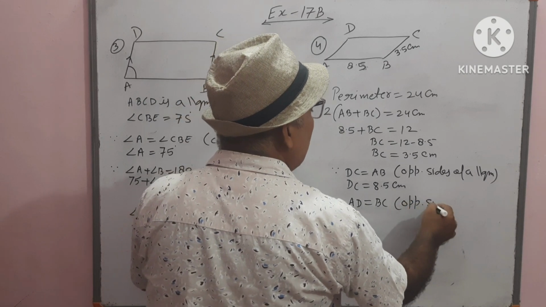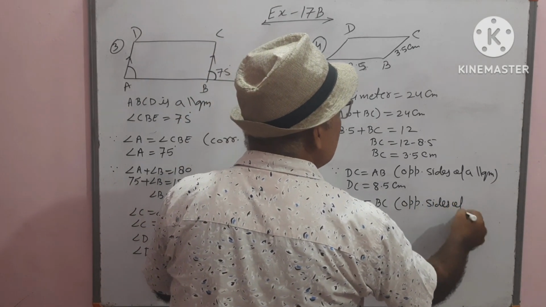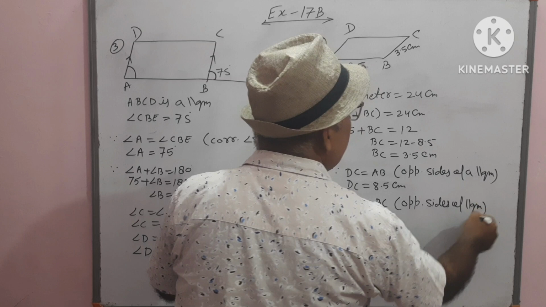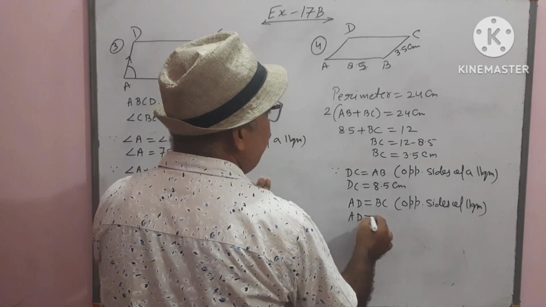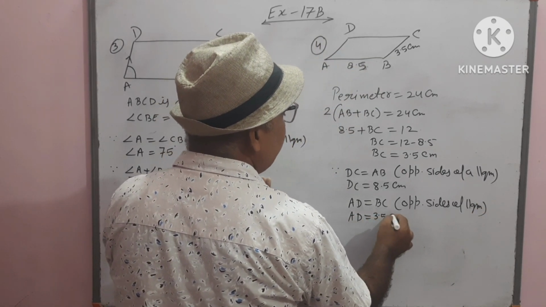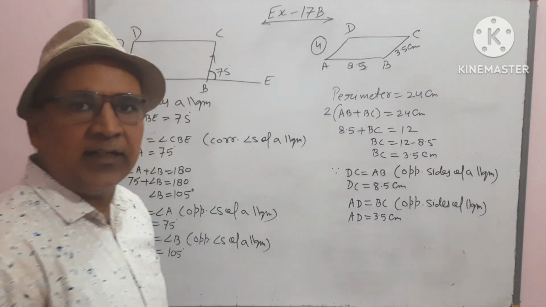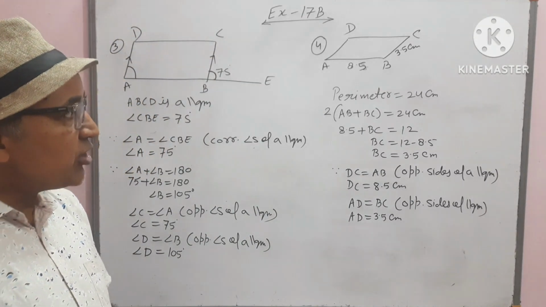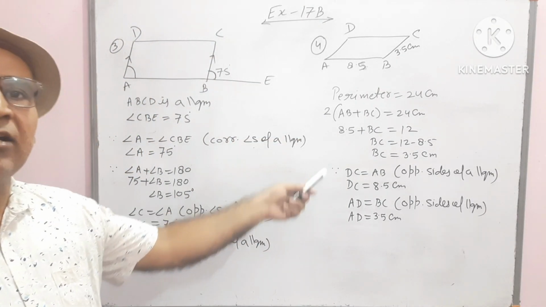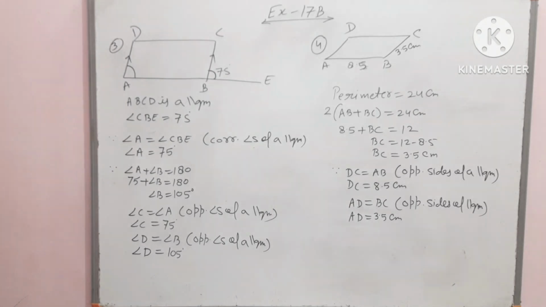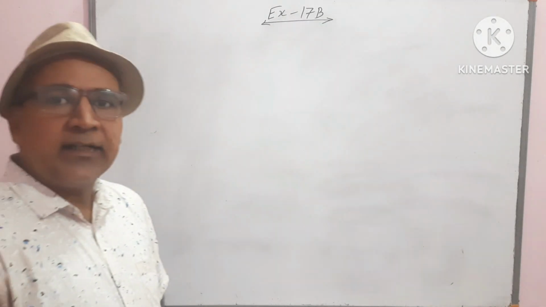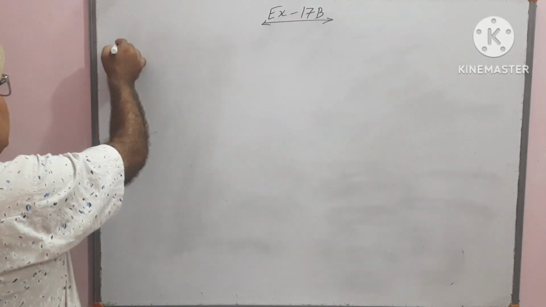Because of opposite sides of a parallelogram. That means AD is also 3.5 centimeters. Okay, watch carefully every statement and try to understand. Now write it.